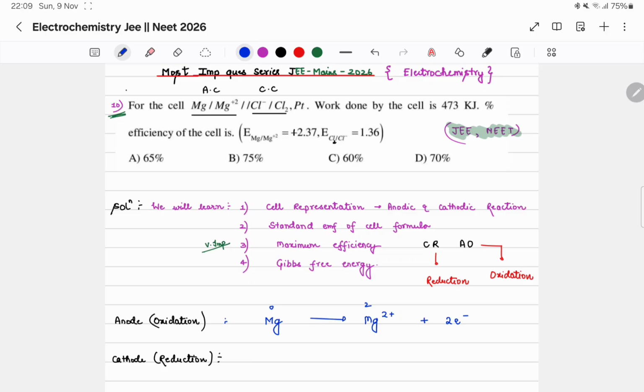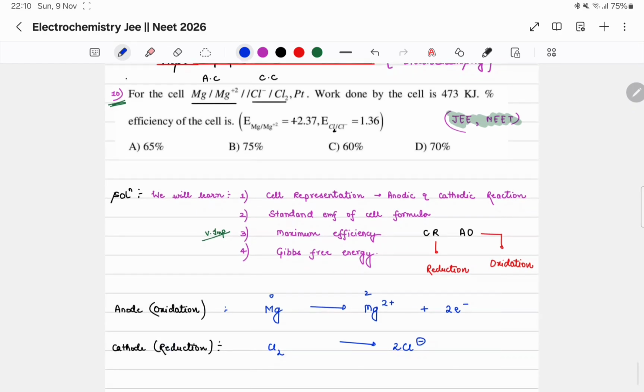Now come to the cathode. On the cathode, we know, reduction. So let's see what we can write for reduction. Reduction means gain of electrons. If that is clear, I'll be writing Cl2, which will be equal to Cl-. And how many chlorine on the left hand side? 2. So I can write 2 Cl-. Now you will be wondering on what logic I wrote Cl2 on the left hand side.